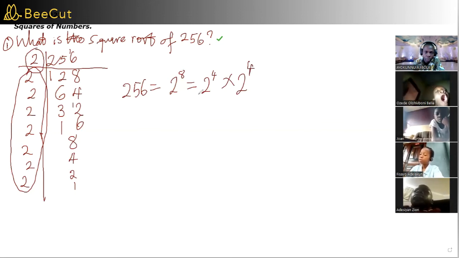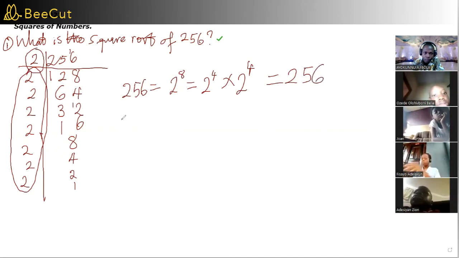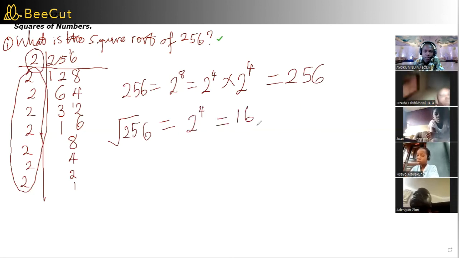And when you multiply a number by itself to give you a particular number, it means it is the square root of that number. Therefore, square root of 256 equal to 2 raised to power 4, which is 16. So that is the method of how to find square root of a given number.